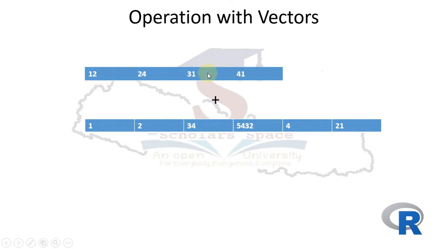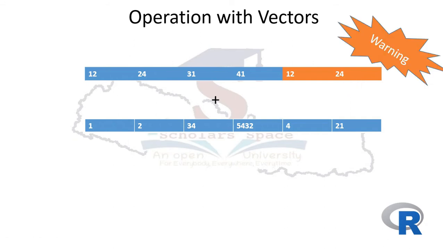So what will happen if the bigger vector is not a multiple of the smaller vector? In that case, R still reuses the first elements in order to fulfill the number of elements, but it also shows you a warning stating that the bigger vector is not a multiple of the smaller vector, but it will still give you the results.